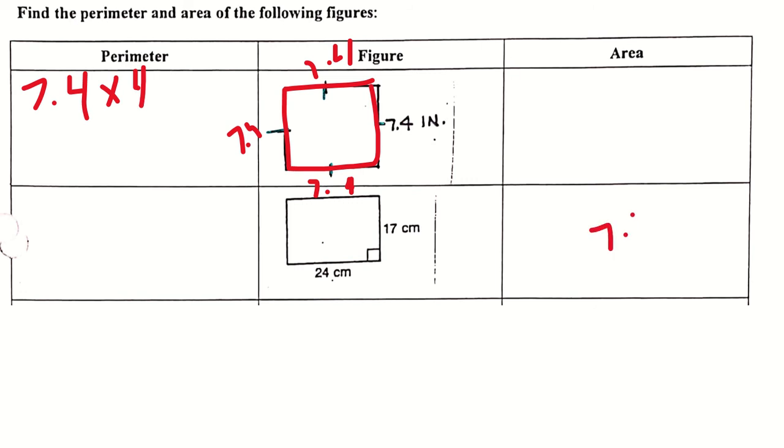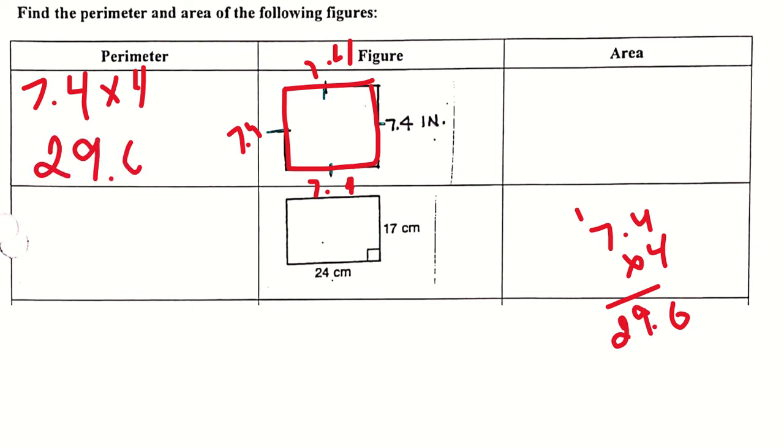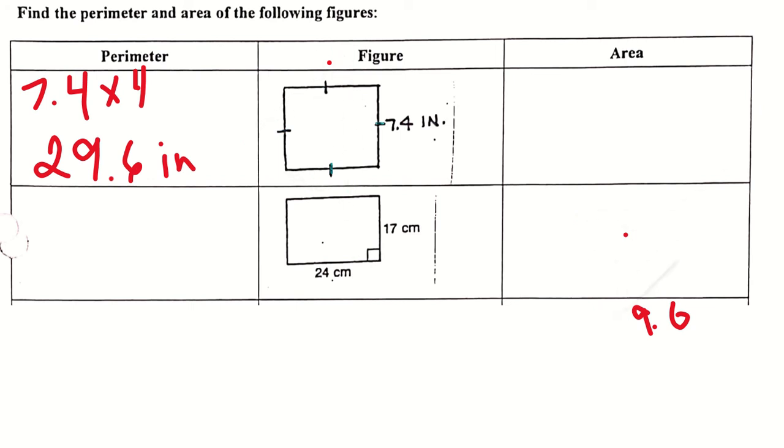So 7.4 times 4 is 29.6 inches. Now the area. Write the formula always.